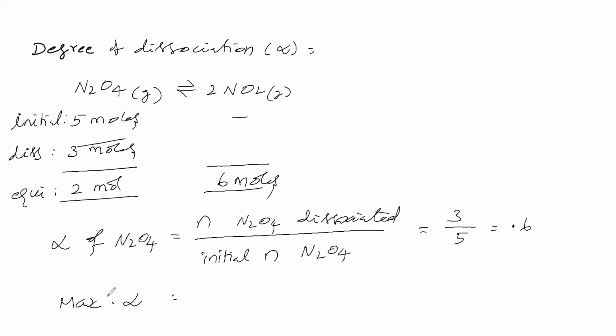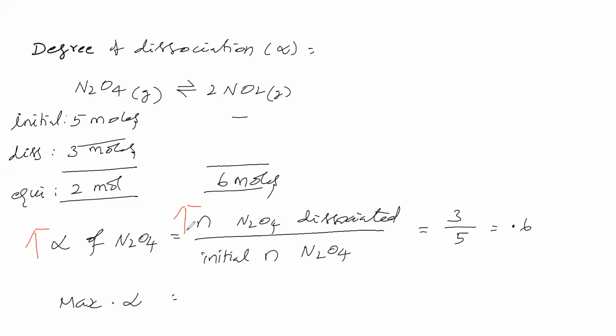So if you want to raise this alpha value, the numerator is what we have to raise. The denominator we cannot change.